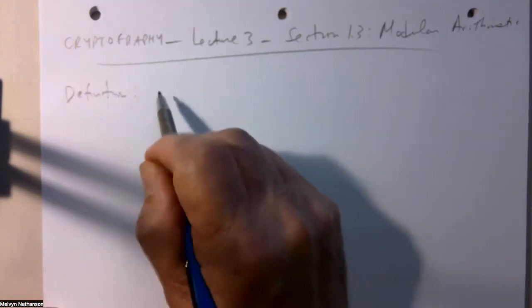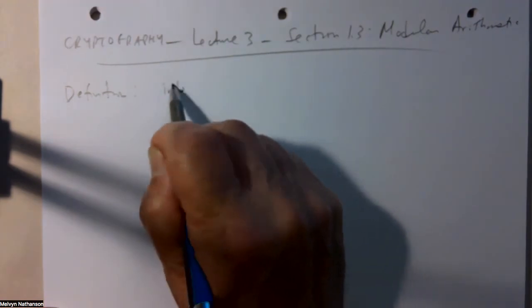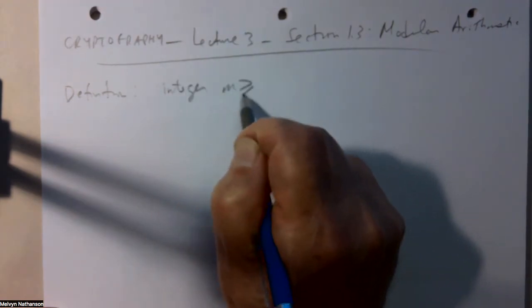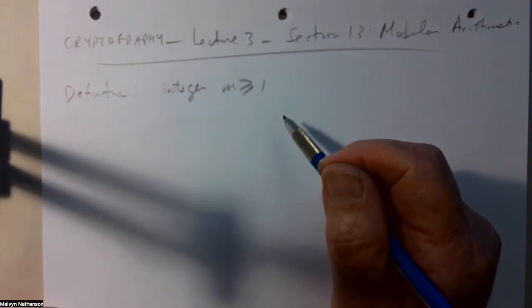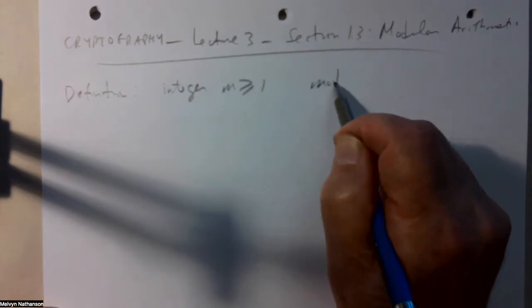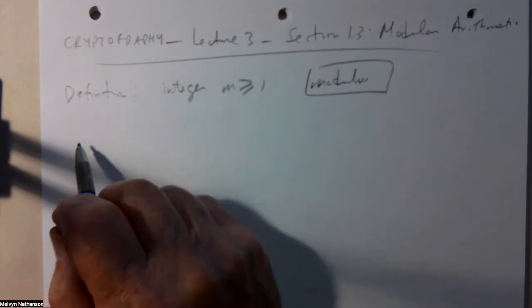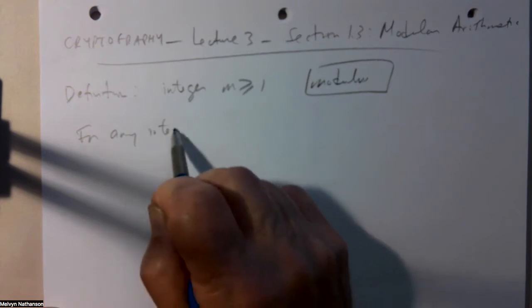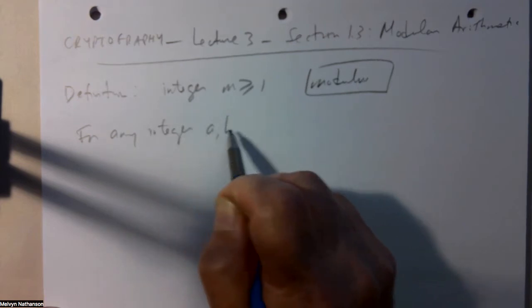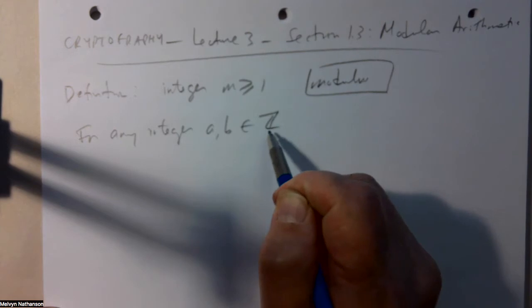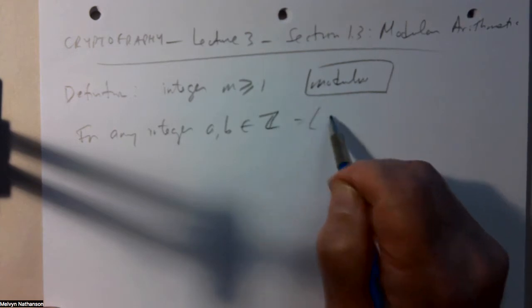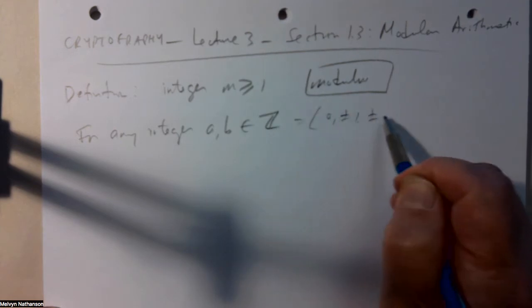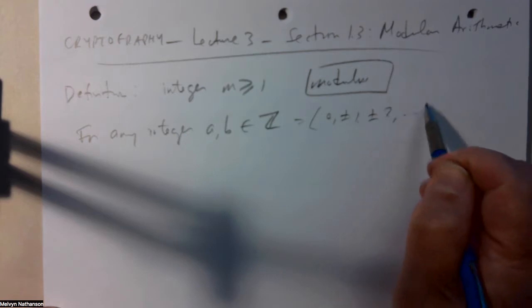is as follows. Suppose we have an integer m, which is positive, at least 1, which is called the modulus. And for any integers a and b in Z, remember Z is the set of all integers, positive, negative, and 0.